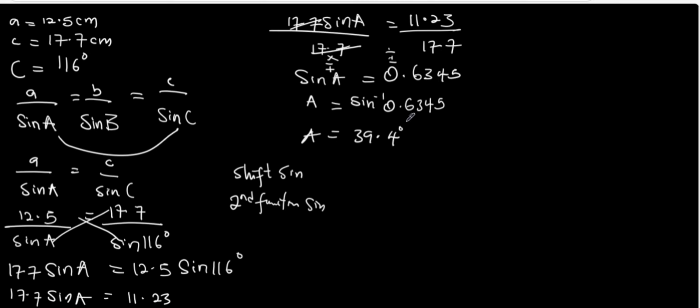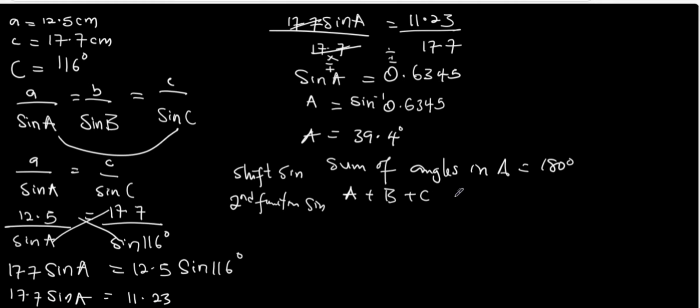Now remember, we are asked to find the remaining angles, which means we have to find angle A and angle B. To get angle B is very simple, since we now have two angles. Remember, the sum of angles in a triangle is equal to 180 degrees. That means angle A plus angle B plus angle C equals 180 degrees.